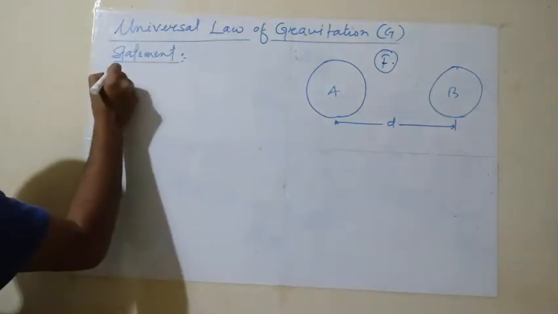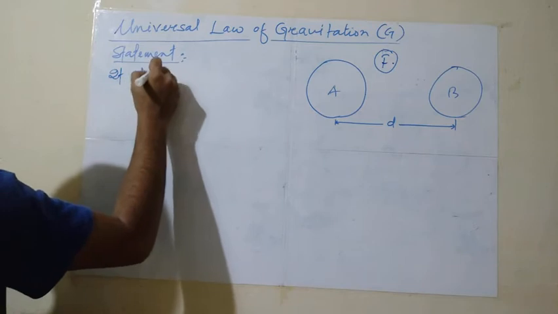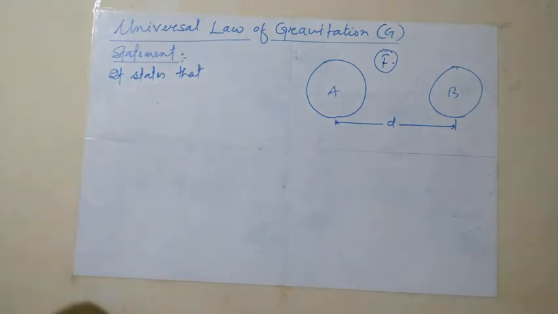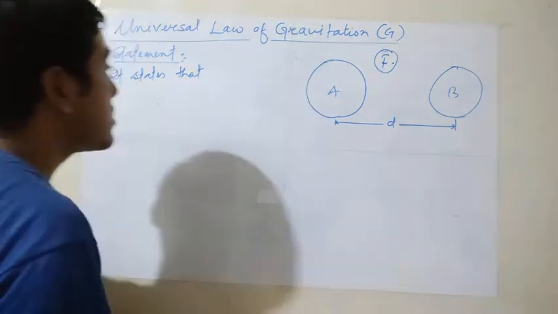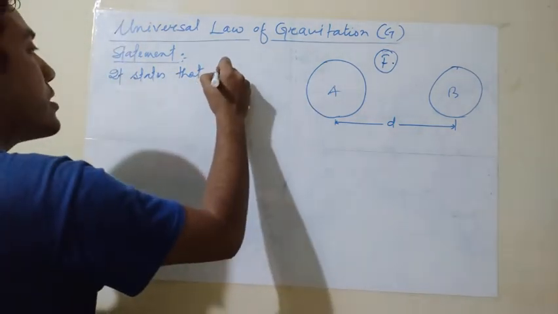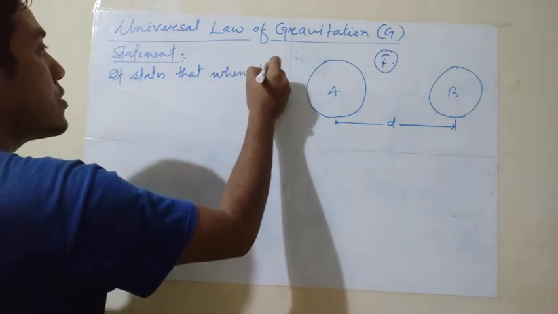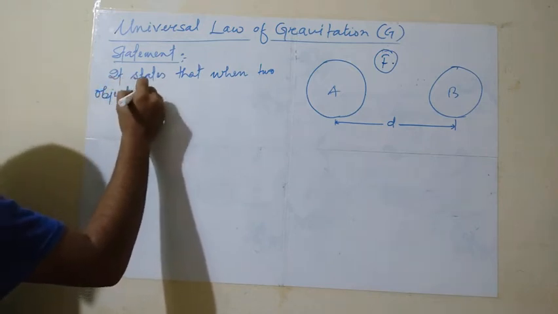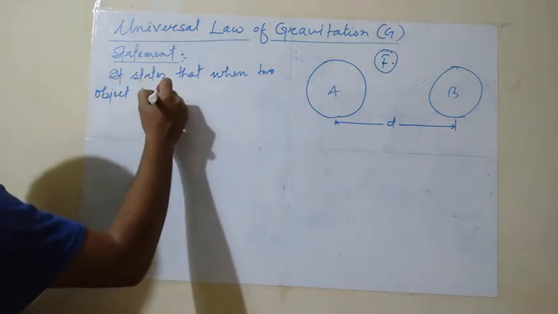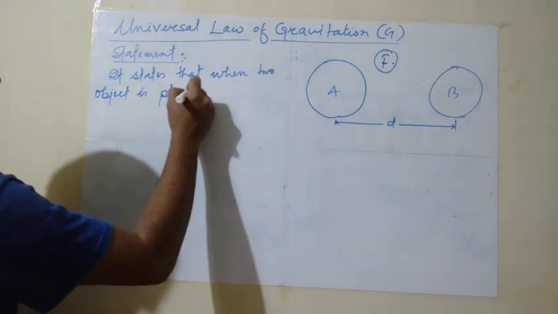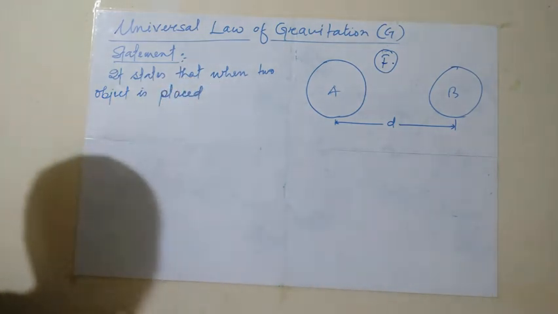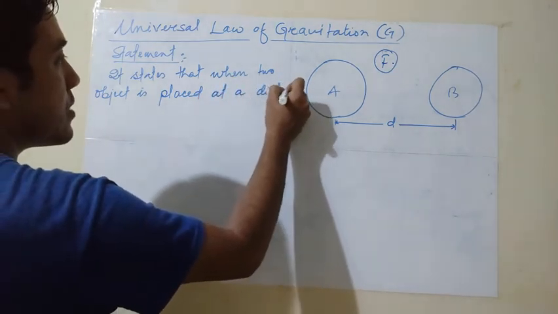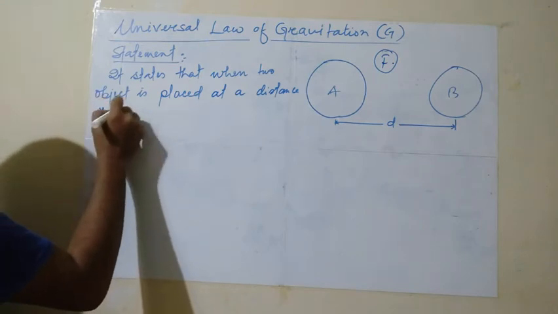Now, it states that a force is produced when two objects are placed at a distance of d.